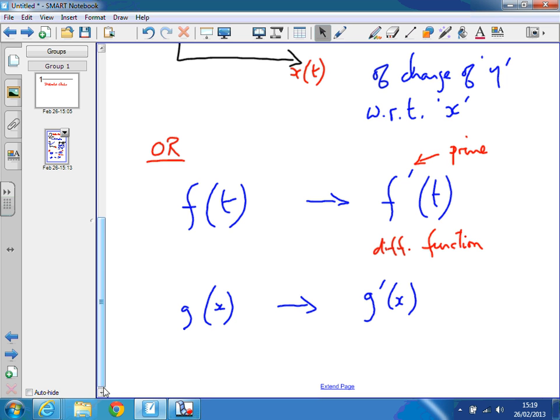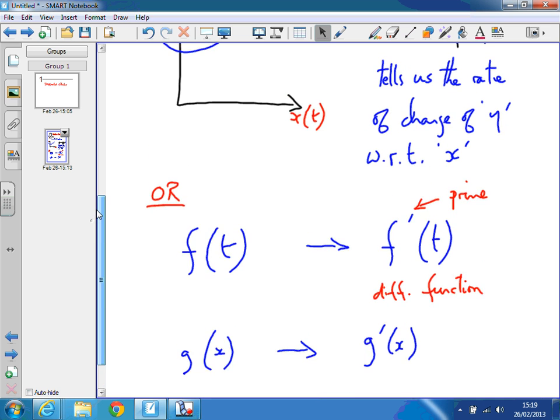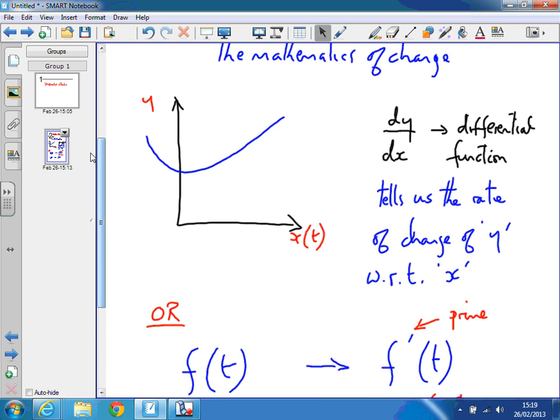And we use differential calculus to find the rate of change of a function of one variable with respect to another. So this first one tells us pictorially more what's going on. If we look at this graph, that's telling us how y varies with x.